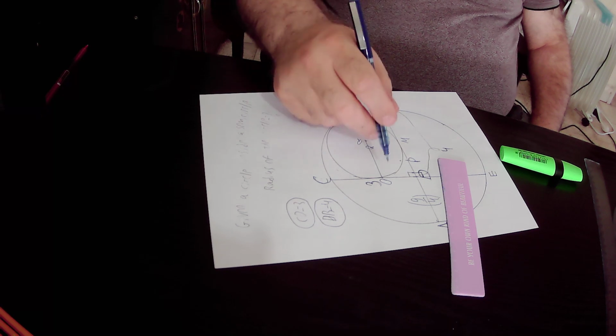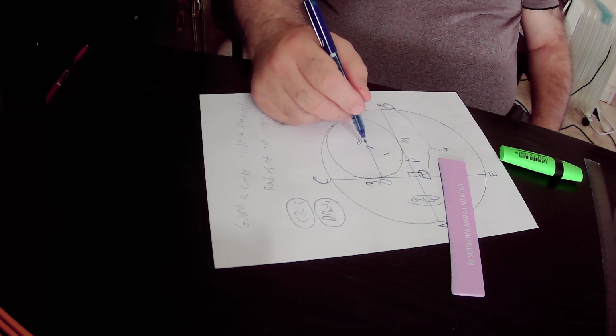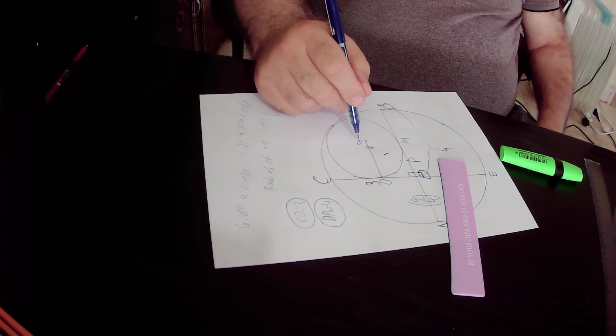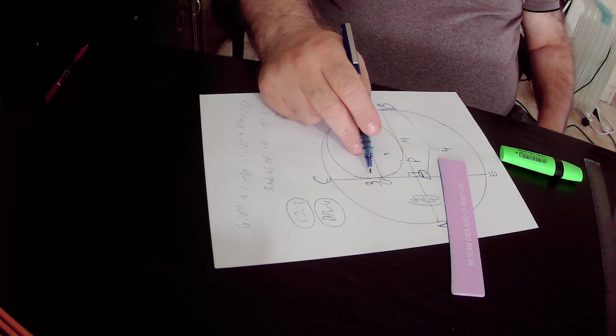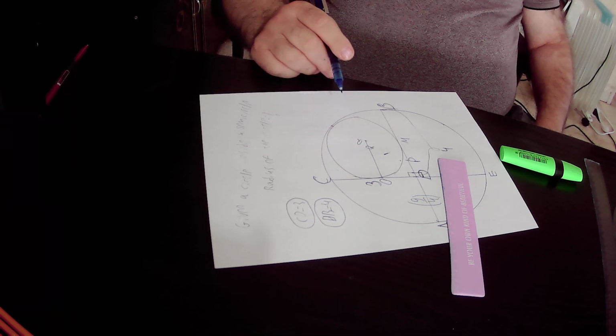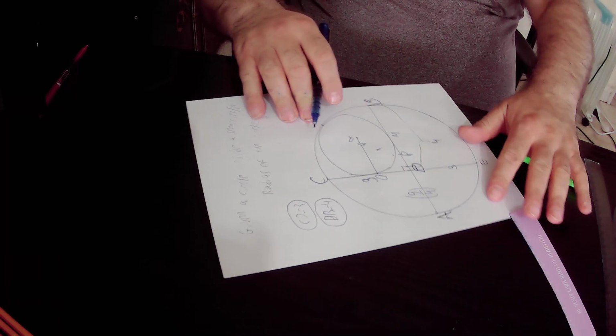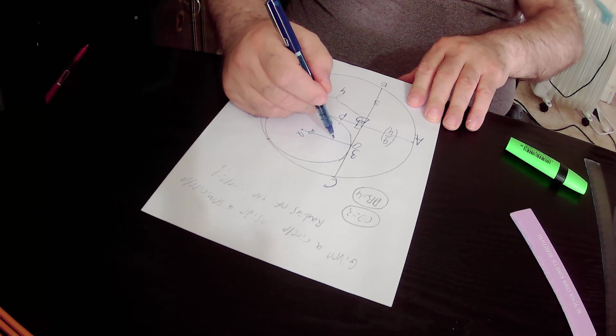Therefore, QO is the radius of the small circle. Why? Because point Q is the center of the circle and it ends at point O, that is a point on the small circle itself. Therefore, QO is the radius of the small circle that is equal to r.